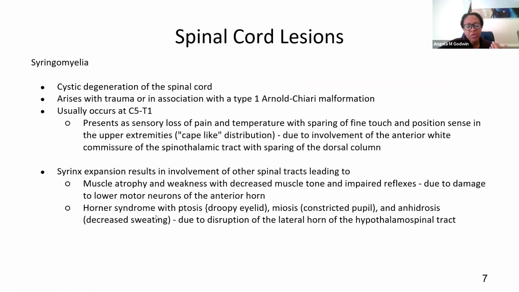And then Horner syndrome is really droopy eyelids, constricted pupils, decreased sweating. And that's because it's disrupting the lateral horn. And again, don't get too caught up in the anatomy of it specifically. It's more about understanding the placements within that track, affecting more sensory, and then the ability to expand, and then causing more muscle atrophy and Horner syndrome.